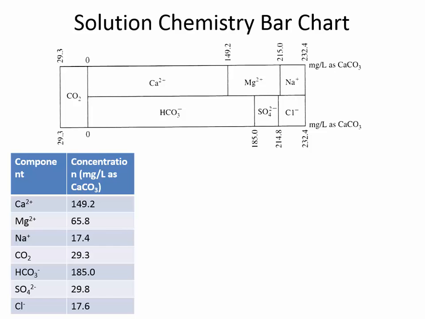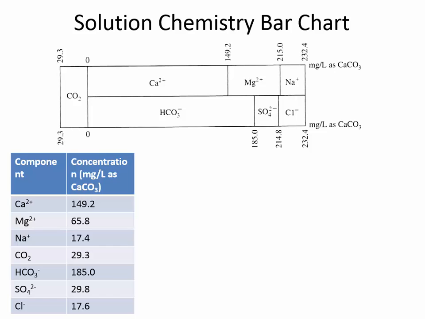Now, since these are all listed as CaCO3, it allows us to do things that are pretty nice. Like we can say how much calcium hardness there is. You just notice it's 149.2 milligrams per liter as CaCO3.